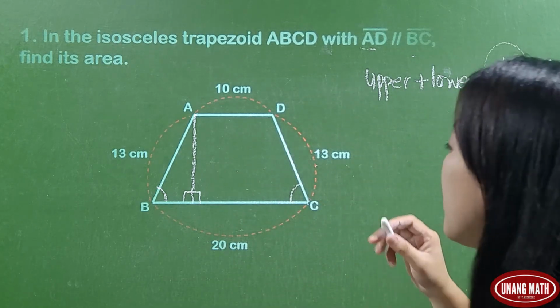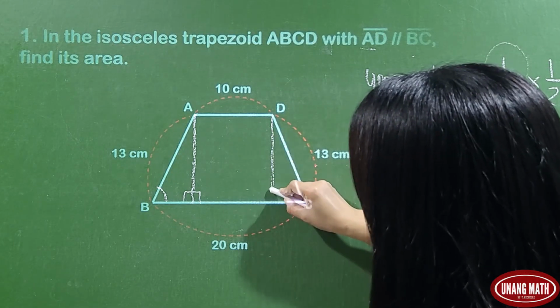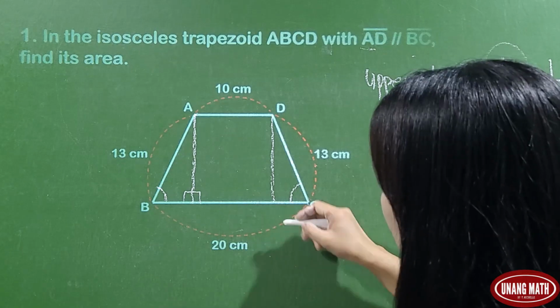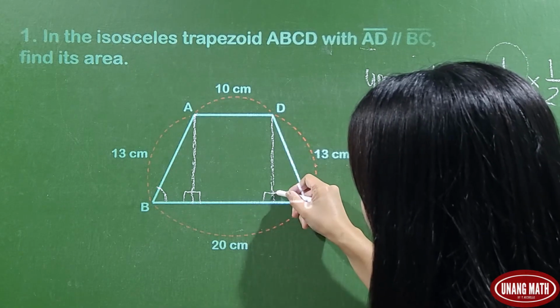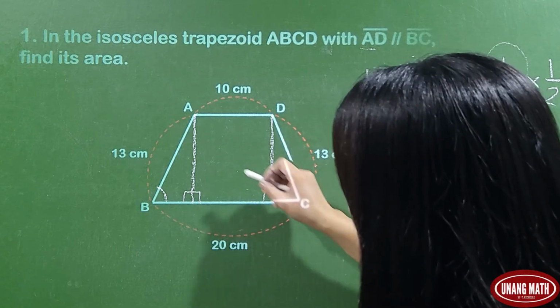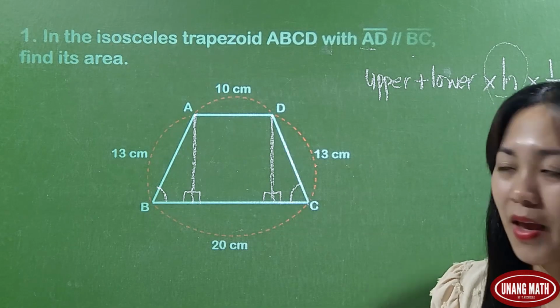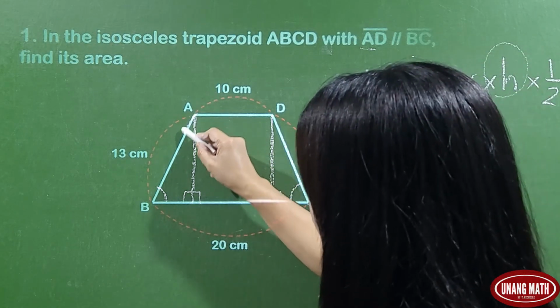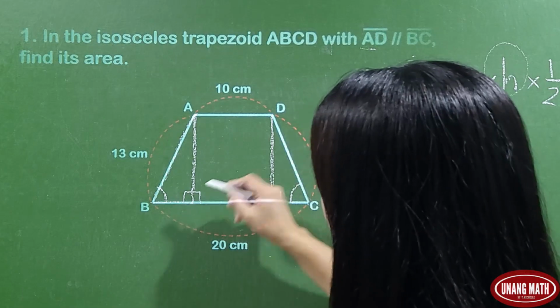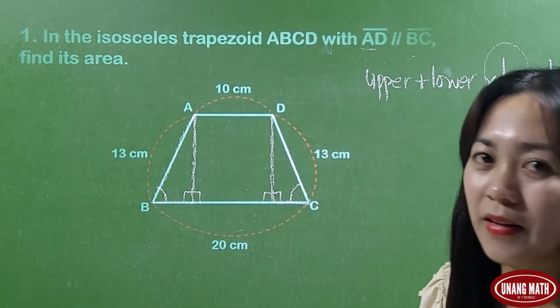Another auxiliary line would be from this point perpendicular to this segment. So, this is 90 degrees. This is also 90 degrees. So, when we draw these two auxiliary lines, we created here this right triangle and this right triangle.